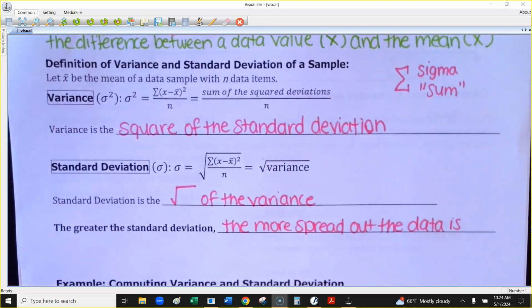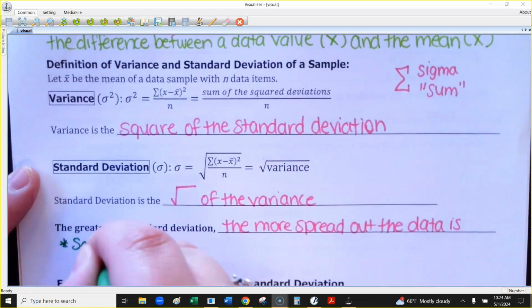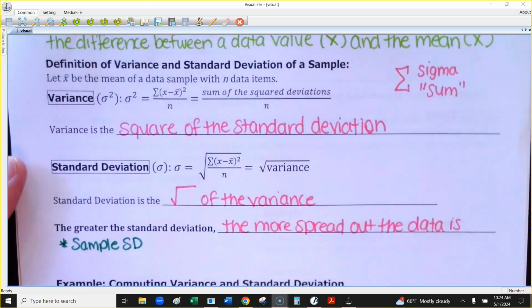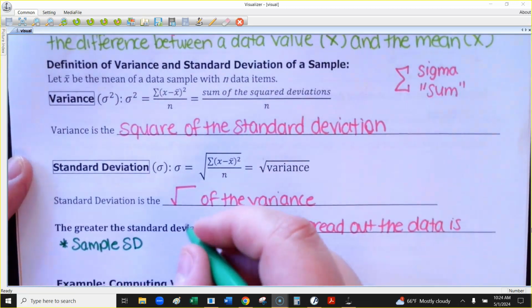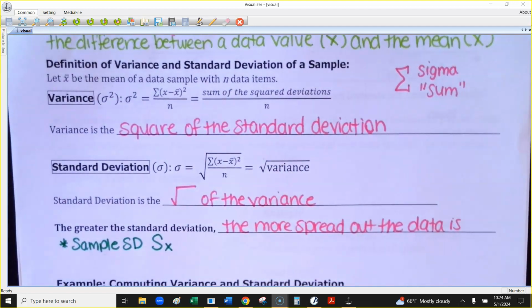There are actually technically two formulas for how to calculate these. We have what we call sample standard deviation, I'm just going to write SD. If you look at your calculator, in that menu where we were doing the stuff yesterday, it has a notation that looks like S sub X. That is not what you're going to want.